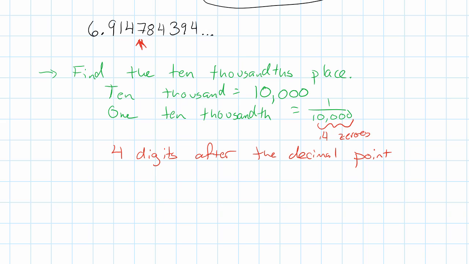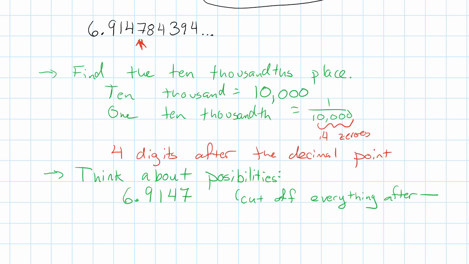So whenever I'm rounding, I want to take a minute and think about the possibilities. Right. Either we'll just cut off everything at that place. There's a word for cutting off everything after a certain place. This is called truncating the number.